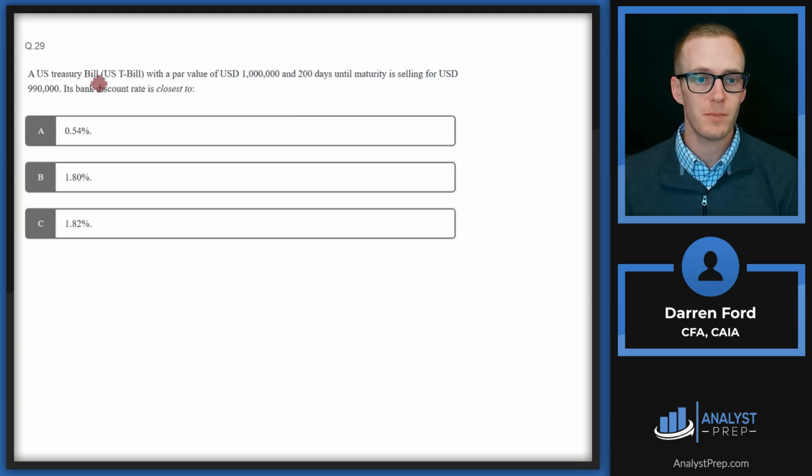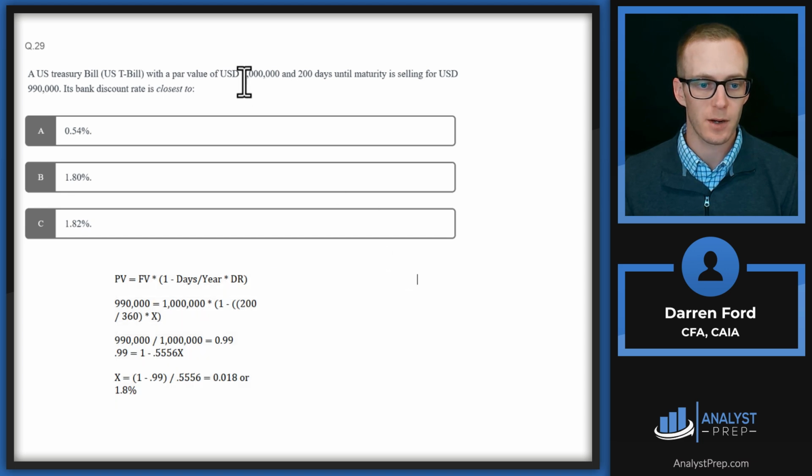A U.S. Treasury bill with a par value of USD 1 million and 200 days until maturity is selling for USD 990,000. Its bank discount rate is closest to. So this will be our formula we're looking at here. Our discount rate in our formula is what we're going to be solving for. So we'll be able to plug in all these other numbers. So we have present value of 990, future value, or face value, of that par.